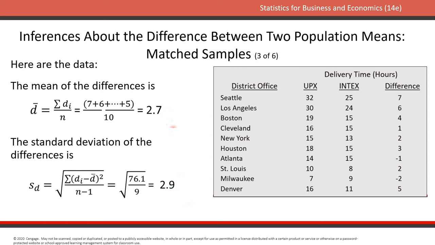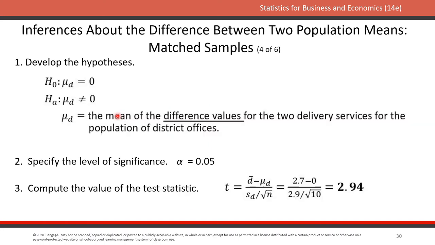So typically I'm looking at, is there a difference between the two delivery services? 0 and not 0. You could make this a one-tailed test if you wanted to. You could say, I think UPX has a longer time, and you could make this a greater than. Again, the order of subtraction is important for which direction you want to make this, just like we talked about previously.